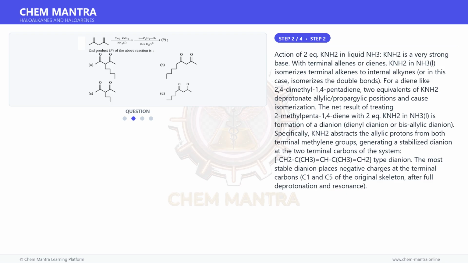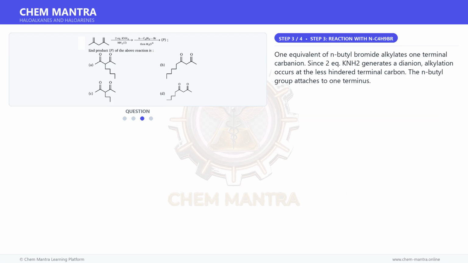The most stable dianion places negative charges at the terminal carbons, C1 and C5 of the original skeleton, after full deprotonation and resonance. Moving on to the next step.